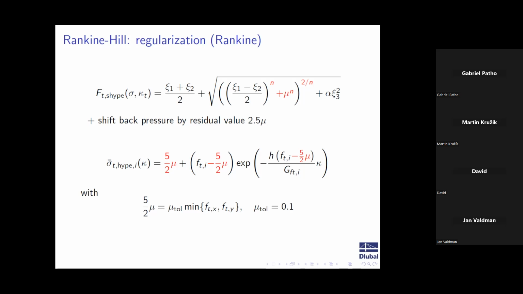They say 10% of the minimal strength is fine. So in the area where you had the non-smooth contact, the apex, now you have the same qualitative behavior, shifted a little bit, but you still get a smooth surface. So the question is, how big should I get my n factors?